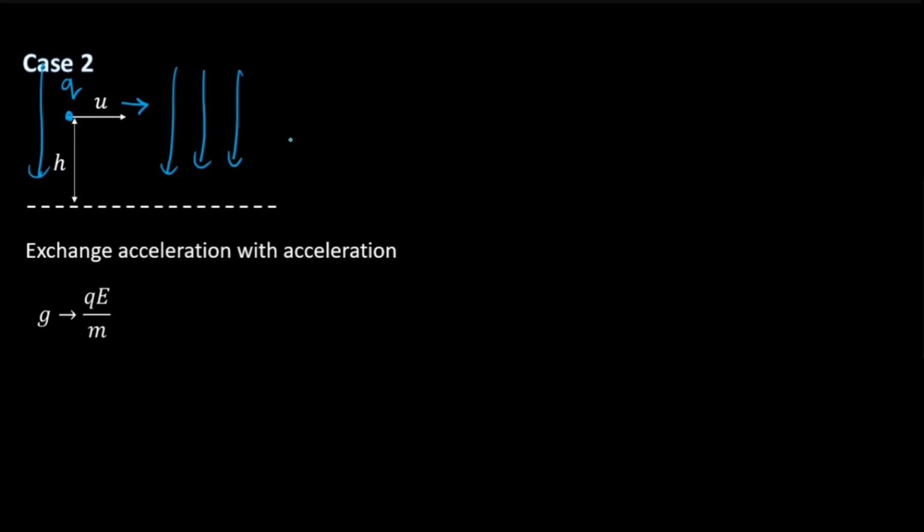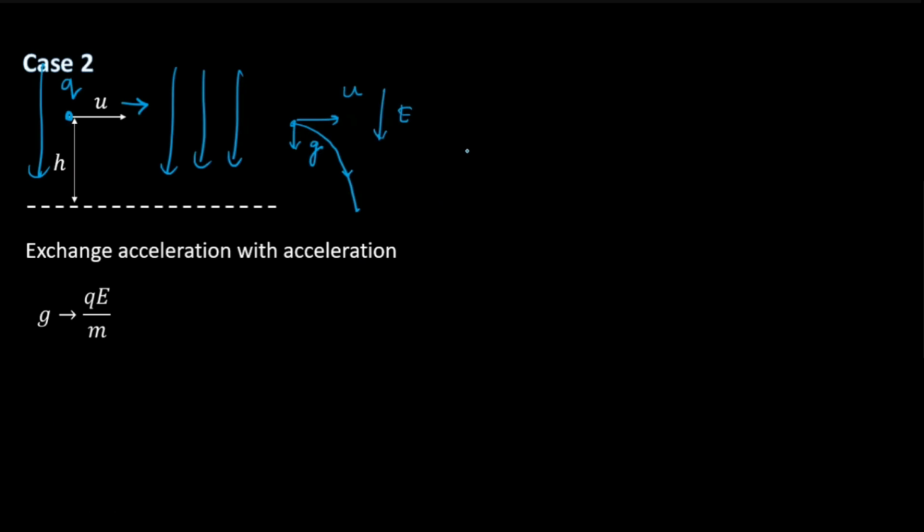Because of its mass, there must be some gravity acting on it towards the surface of the earth. It has some initial velocity in this direction. If we consider the electric field also in this direction, the path of the charged particle is going to be something like that, because of the gravity and all the things.